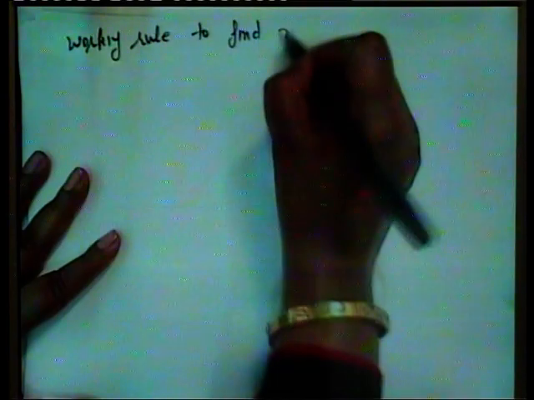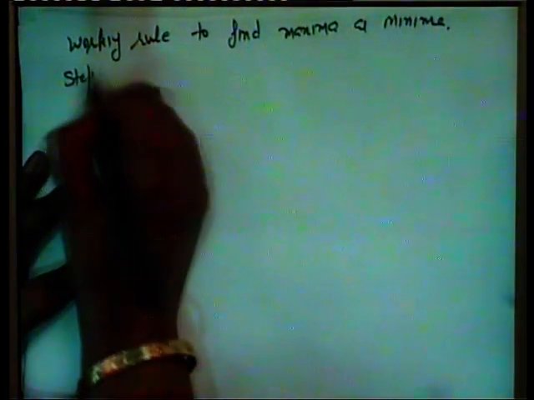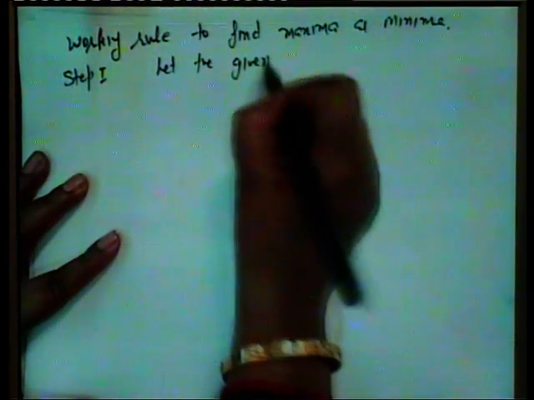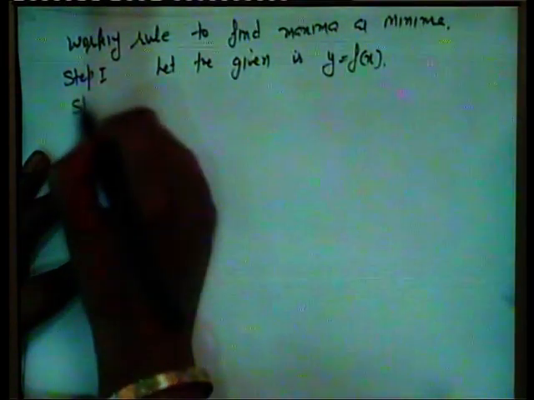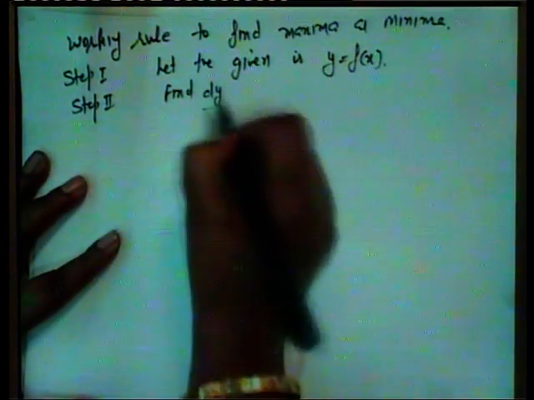Now, we will discuss the working rule to find maxima and minima. Step 1, let the given function be y = f(x). Step 2, find dy by dx and put it equal to 0.